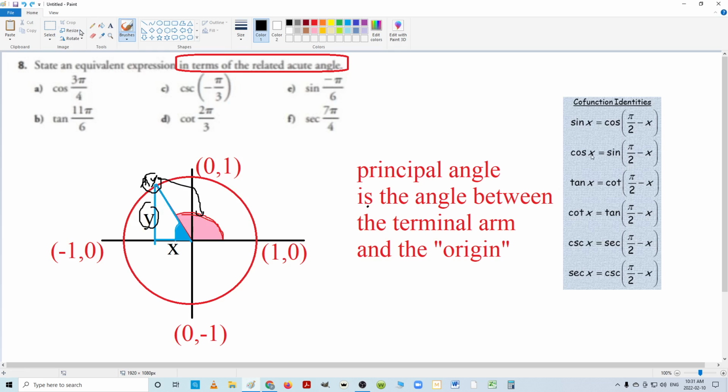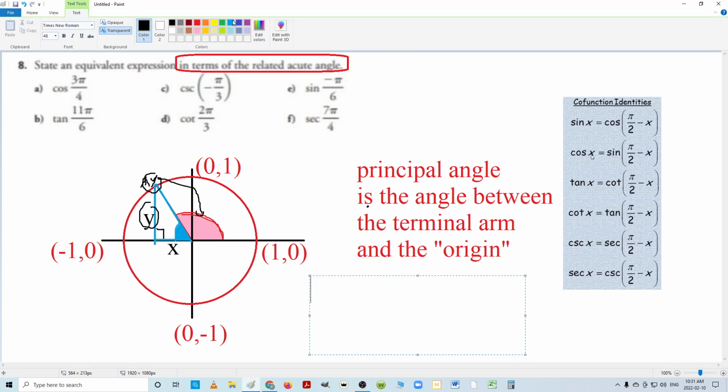And it's also clear that the SOHCAHTOA rule applies to this triangle, because it's a right angle, which means the sine of my blue angle, we'll call it the acute, is going to be y over the hypotenuse. But the hypotenuse is 1 again, so it's y over 1, which is y.